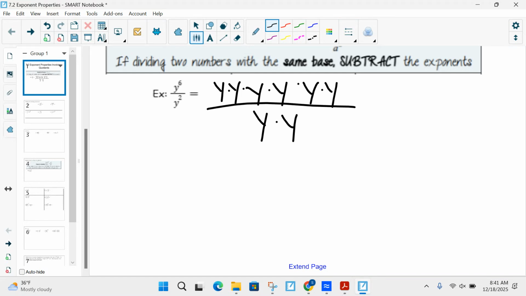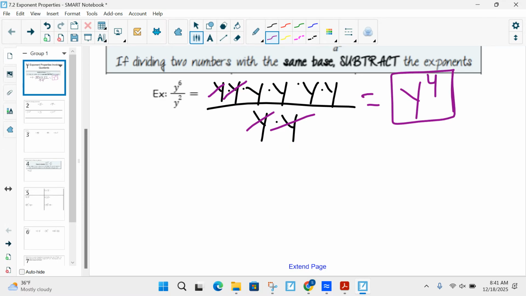Let's think about canceling. One of these y's would cancel with one up here, and another would cancel with one up here. So how many y's do you have left in the numerator? y to the 4th over 1, or just y to the 4th.